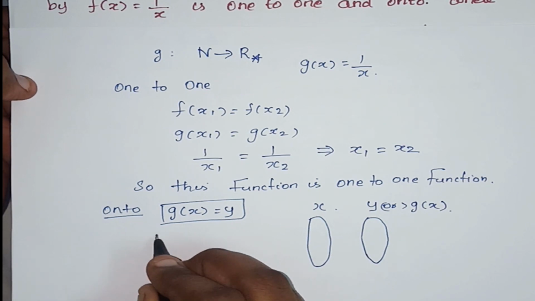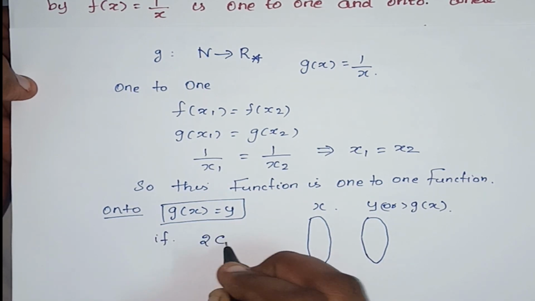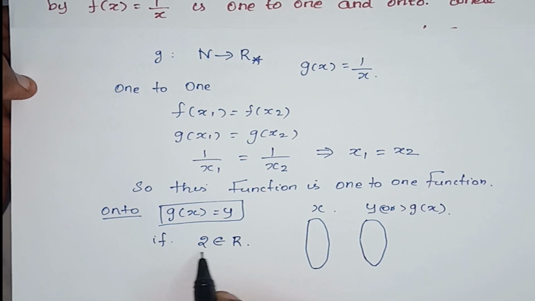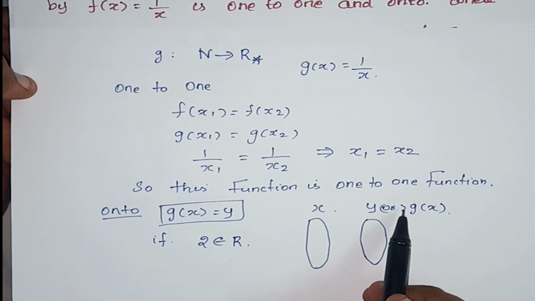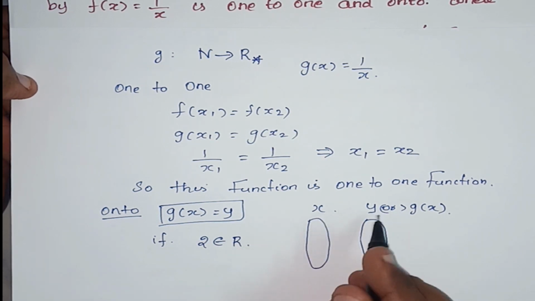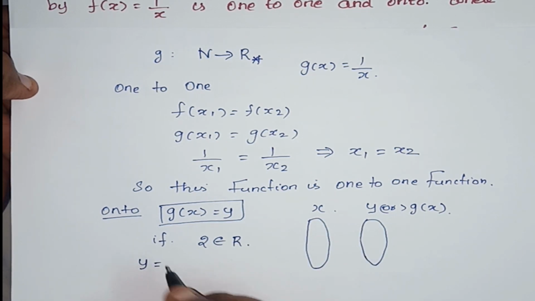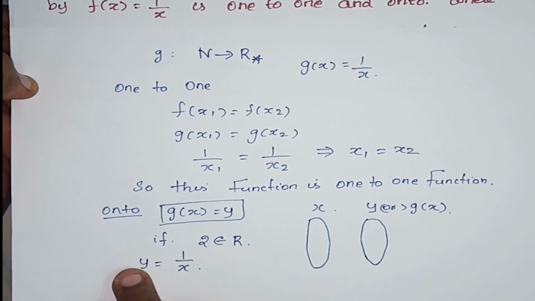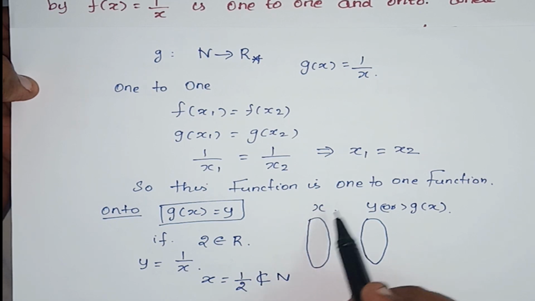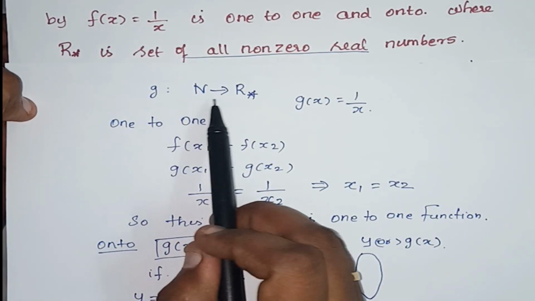For example, if 2 belongs to R, 2 is a real number, that is y. So what is the relation between y and x? y is equal to 1 by x, right? So if 2 is y, what is x? x is 1 by 2, right? 1 by 2 does not belong to the natural numbers because our domain is natural numbers only.